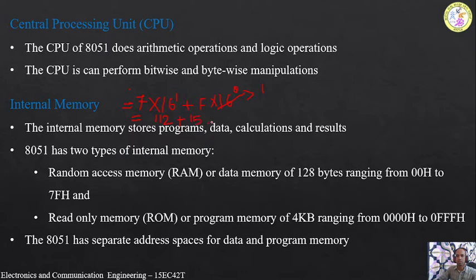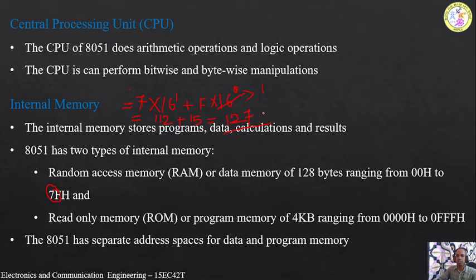So if I add these two, 112 plus 15 is 127. The value of 7F is nothing but 127. This is the answer we are going to get.